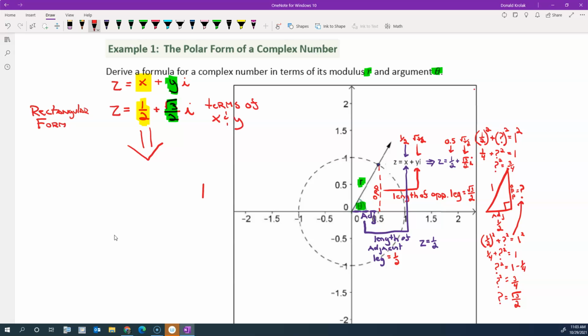We want to end up with something that is in terms of r and theta. So when we're done, this thing's going to have r's and thetas in it. And that's going to be known as the polar form.